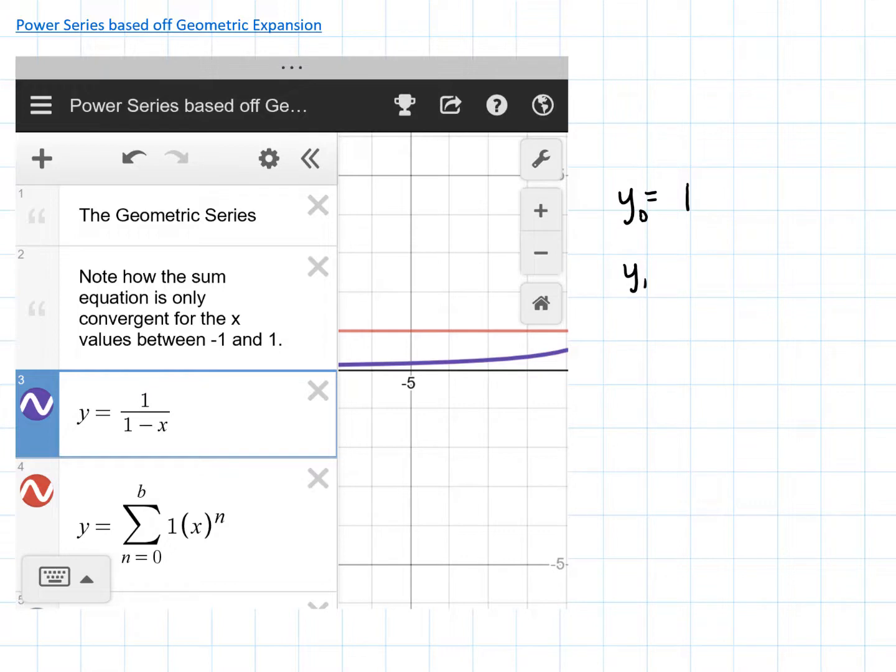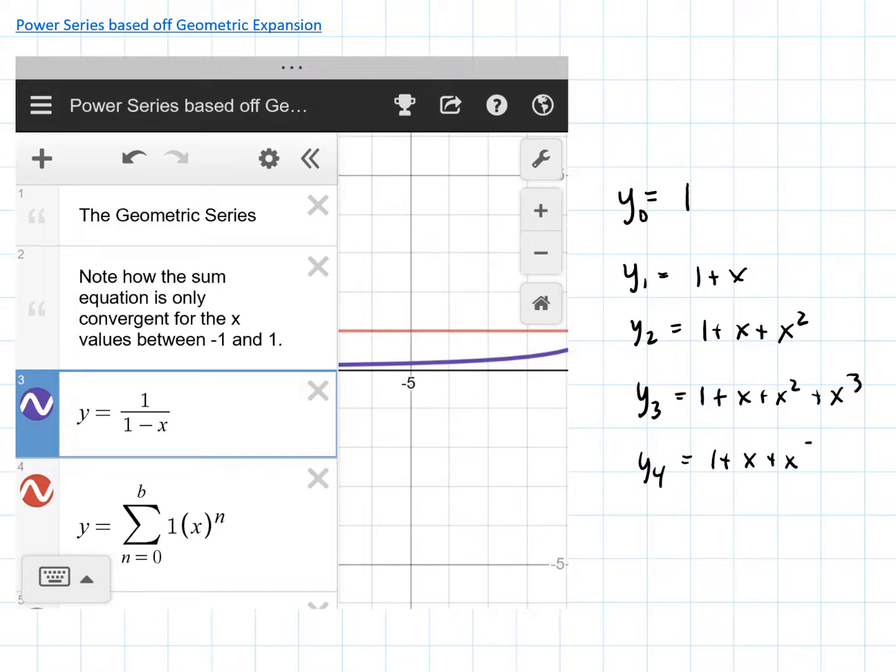We're going to look at y1 where we have 1 plus x. We're going to look at y2, 1 plus x plus x squared, that quadratic. So we look at a constant, and then y3, 1 plus x plus x squared plus x cubed, the cubic, y4, the fourth power polynomial, 1 plus x plus x squared plus x cubed plus x to the fourth.